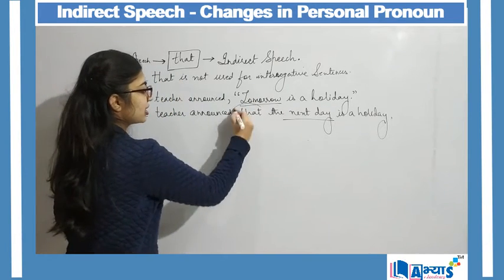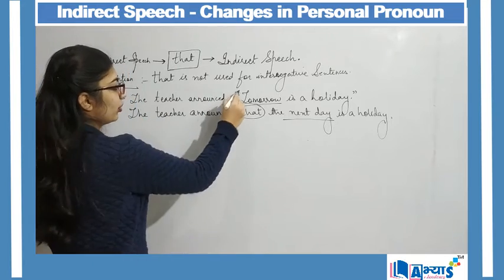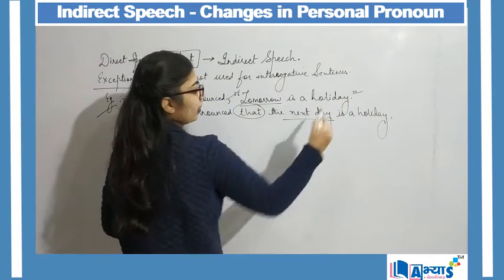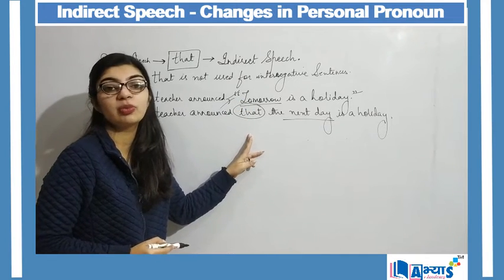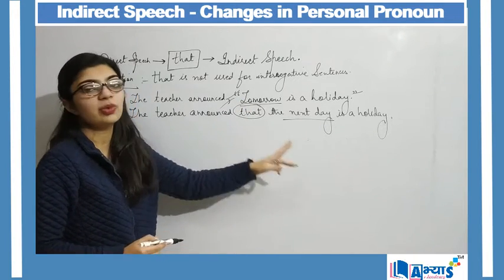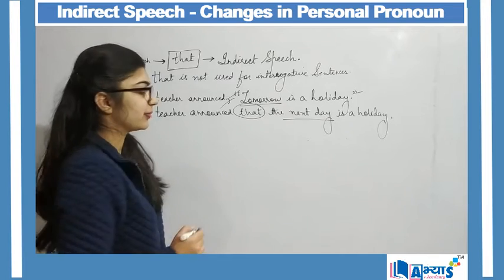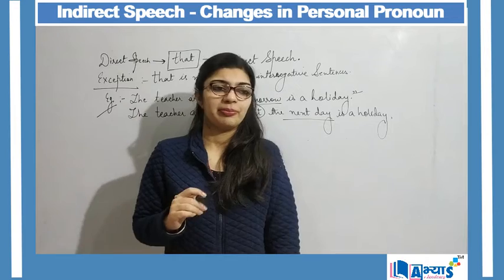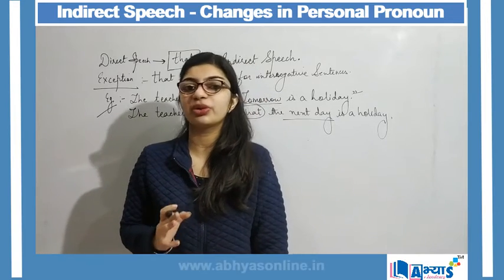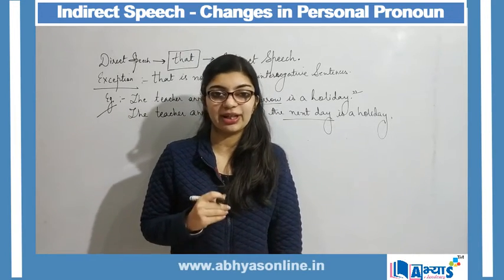So the main focus is that we do not make use of inverted commas, we eliminate commas, and instead we make use of the word that while converting into indirect speech. Now, another important thing is that basically we are certain about the tenses that we are speaking of.